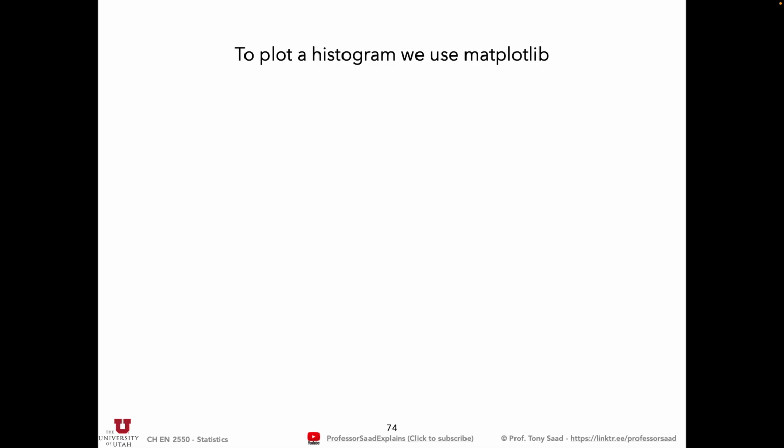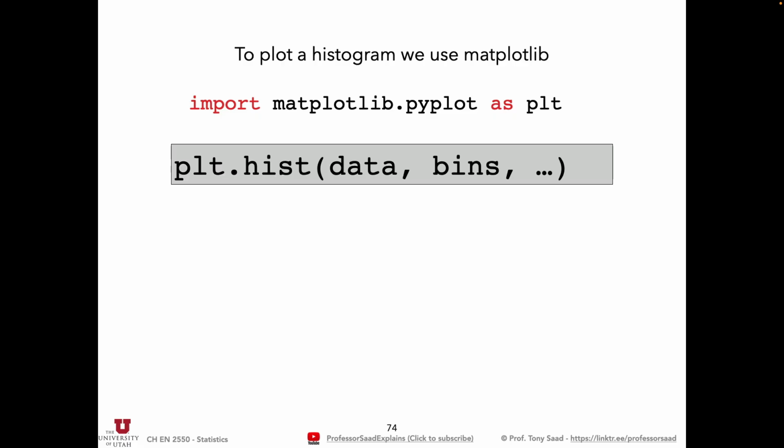It's a nice word. Okay, now to plot a histogram in Python, we're going to use matplotlib. In fact, the routine that we are going to use also gives us counts and bin edges. It looks almost identical to numpy.histogram, but it does a lot more, and it draws a graph for us. So from matplotlib we import matplotlib.pyplot as plt, standard stuff we do with Python plotting, and then we call plt.hist, and at least we have to give it data.